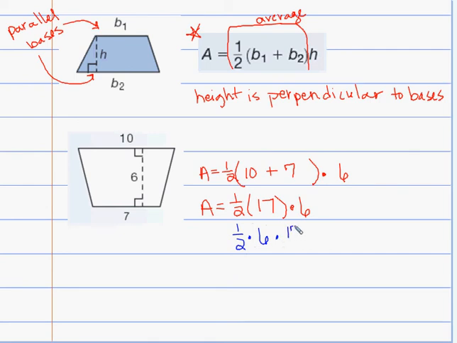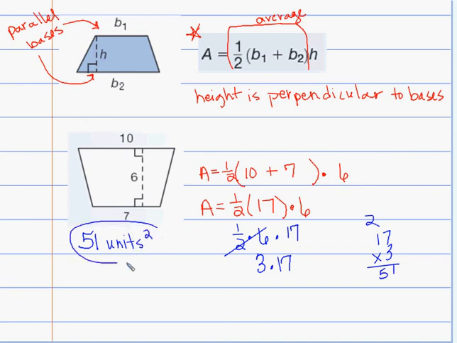Commutative property says I can reorder these so that I can see that that would just be 3 times 17, and 17 times 3 is 51. So the area of this trapezoid is 51, and it didn't tell me what the units were, so it would just be units squared. Area is still square units.